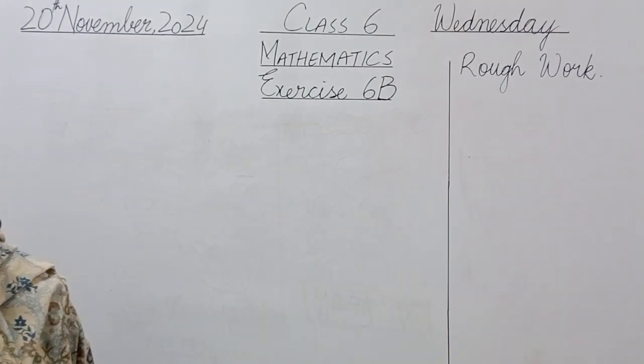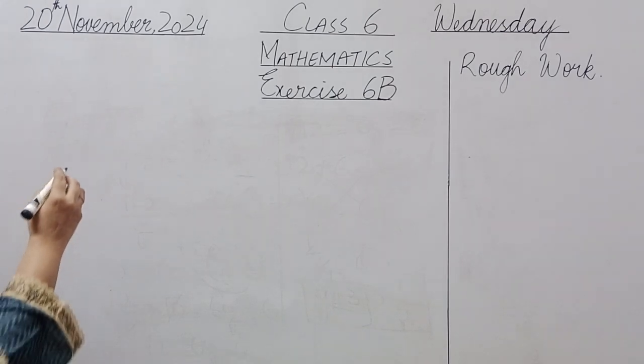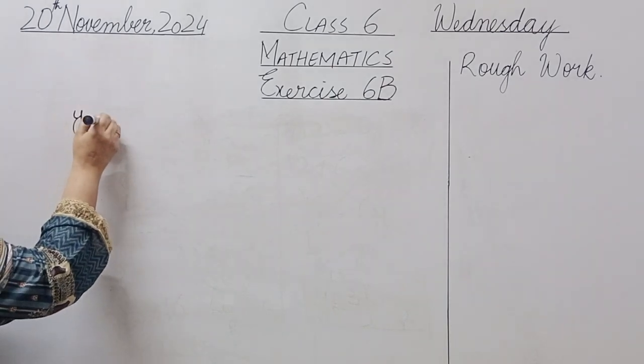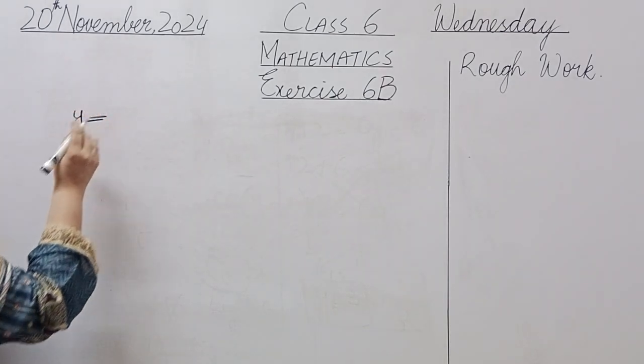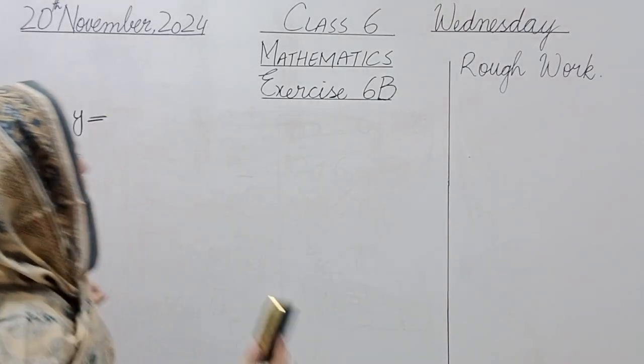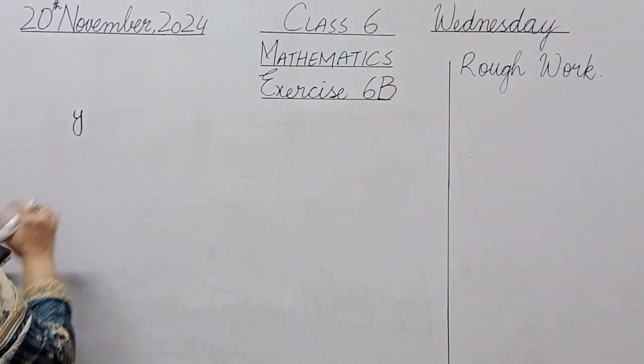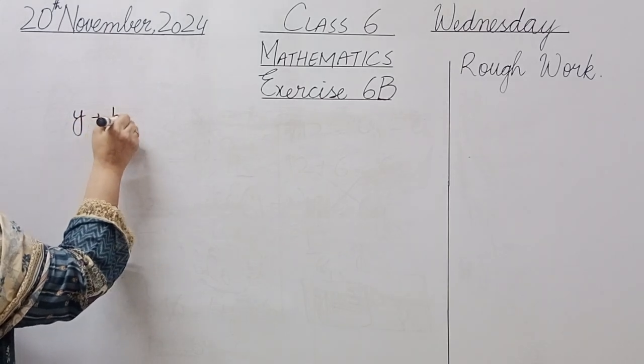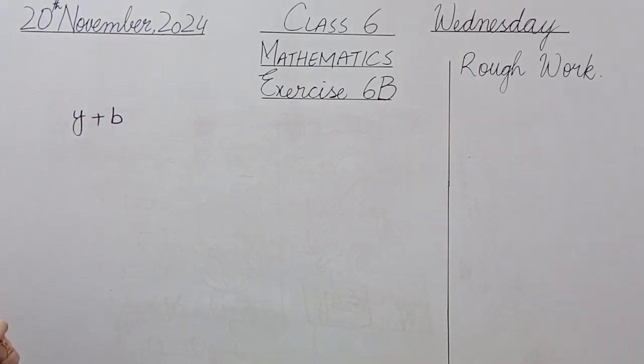Now first of all, let me write the example. y plus b is equal to ay plus c over b.